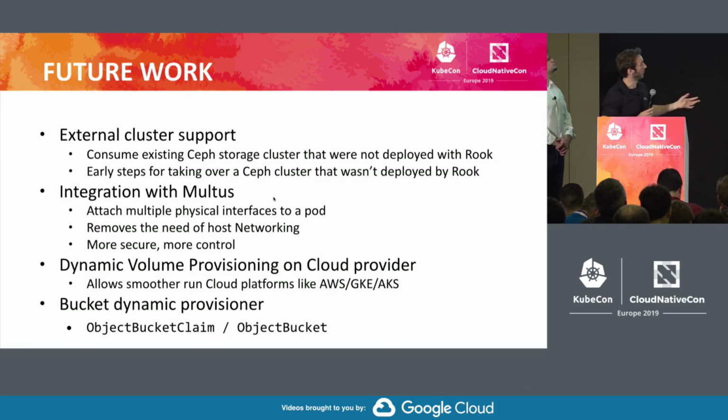Dynamic volume provisioning on cloud providers is something I wouldn't have thought was that popular, but we have been getting many more requests on that, because there are a lot of people that are not only running on bare metal machines, but also on cloud providers.